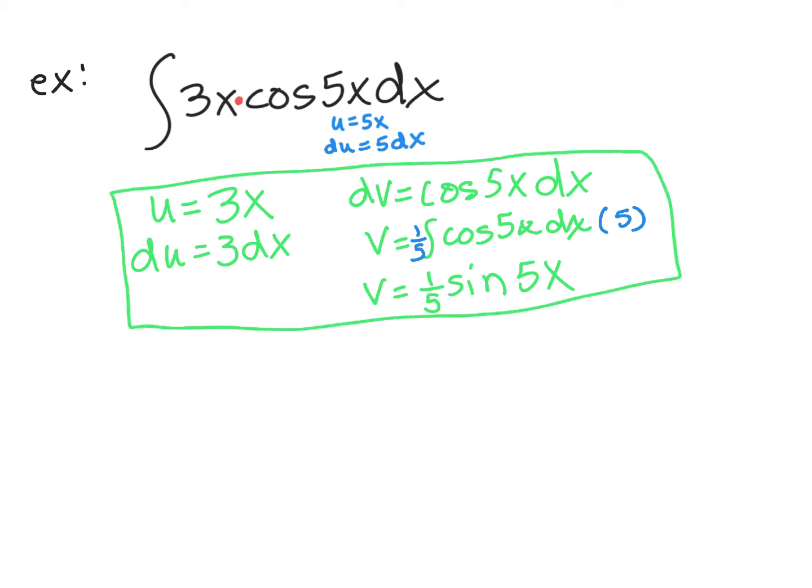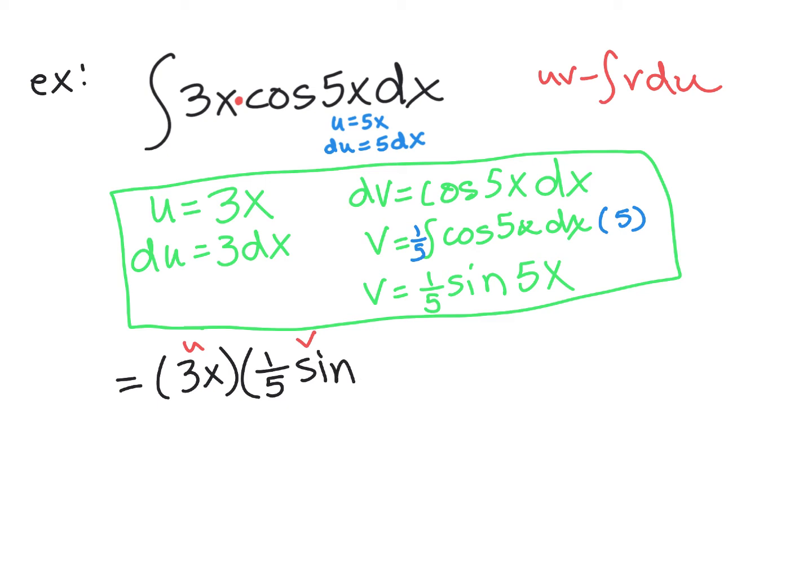Now I have all of the parts to plug in to my formula. And what was the formula? It was uv minus the integral of v du. So I'm just going to plug stuff in. Here's u, here's v, minus the integral of v, just copy it down, du.